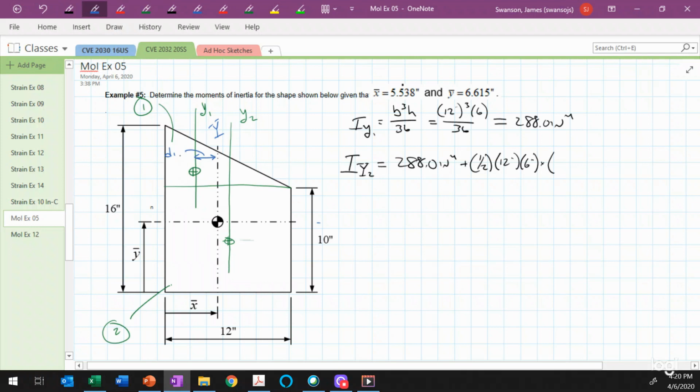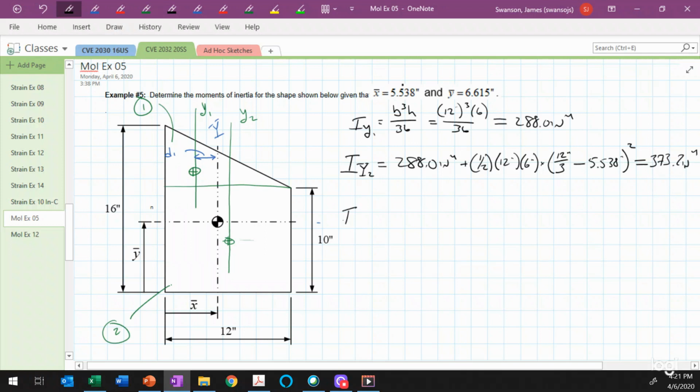That distance is going to be 12 over 3, and then I subtract out the value of x bar for the composite shape, 5.538 inches. That gets squared, and if we add all of that up, we get 373.2 inches to the fourth.